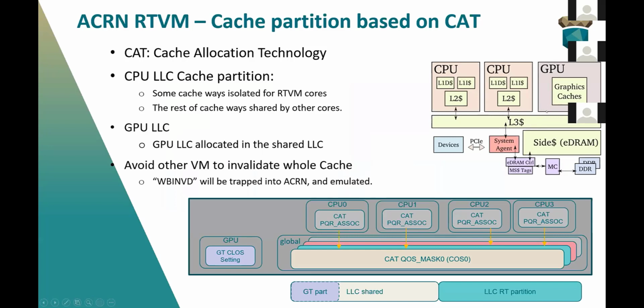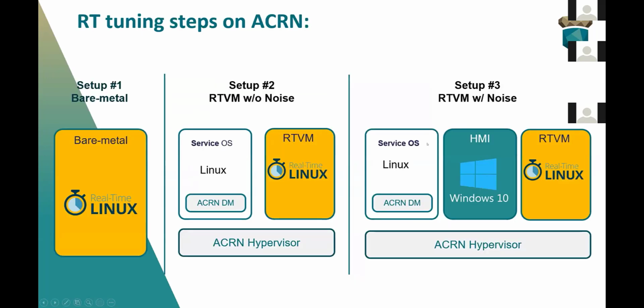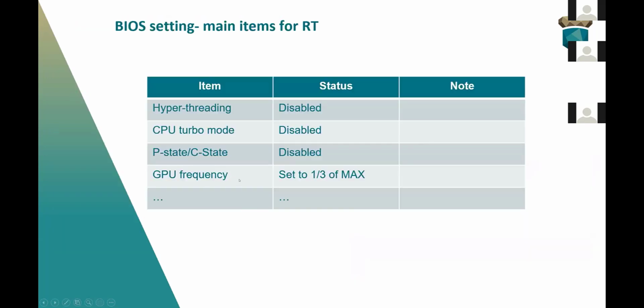From the GPU side, it could interfere with the task in RTVM, so we had better reduce its interference. So set it to 1/3 or 1/2. 1/2 could also be okay. Usually we can run the benchmark for some time to check the result. This is the main item for the BIOS setting.